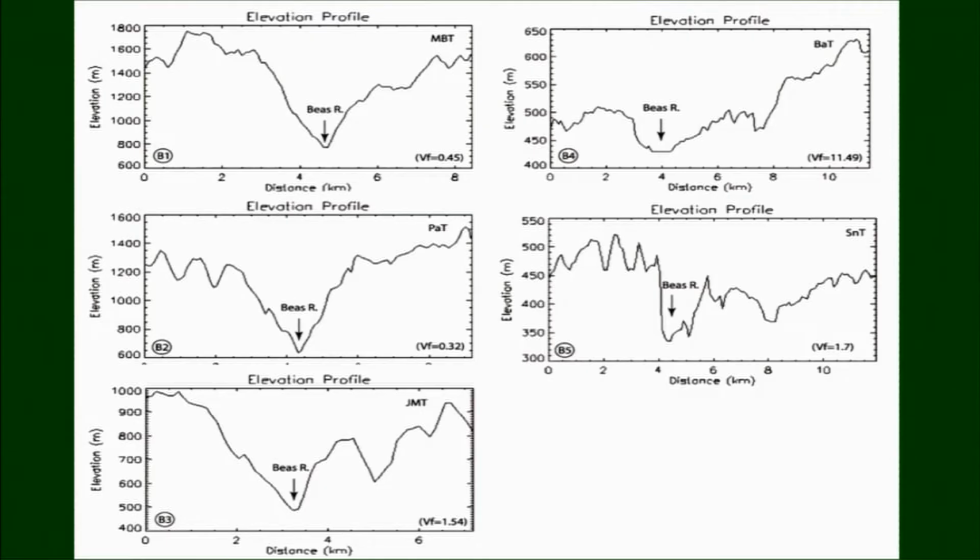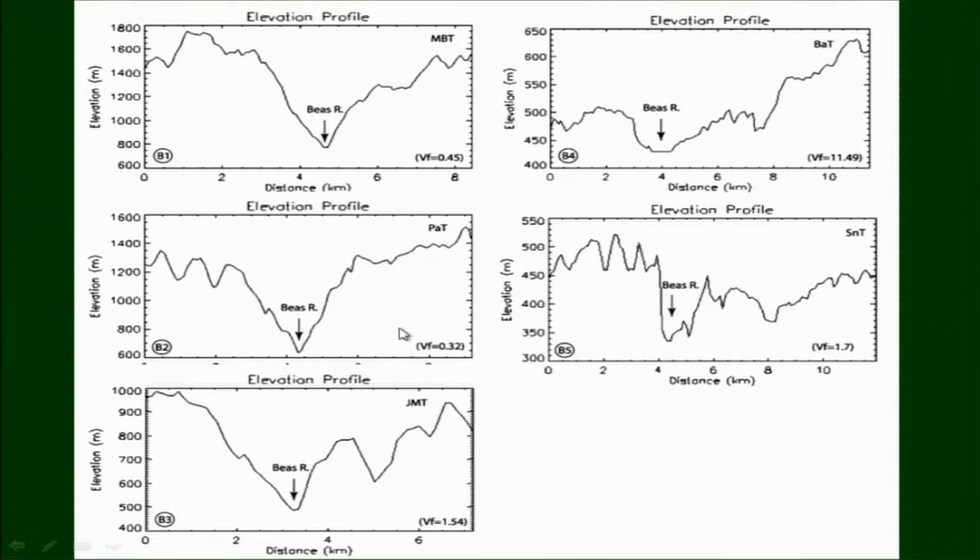What we have here are the cross sections of different channels, where the river was crossing the main fault systems. MBT in the Himalaya is the Main Boundary Thrust, and this is the local, or we can say branching out, fault of MBT, the Barsar thrust. Then we have the Palampur thrust, the Soan thrust, and the Jwalamukhi thrust.